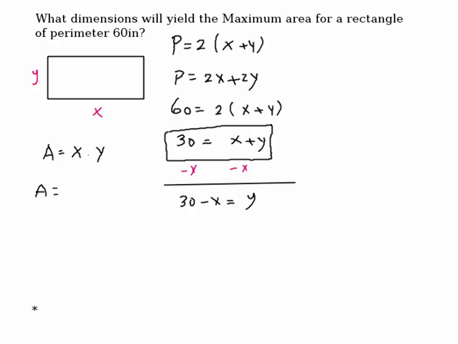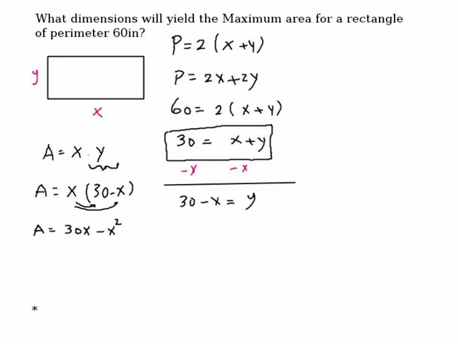We know y is equal to 30 minus x, so we substitute for y, 30 minus x. So A would be equal to, if I distribute this, 30x minus x squared.